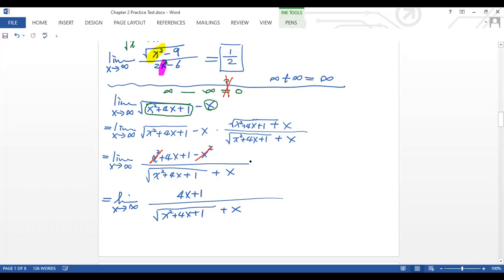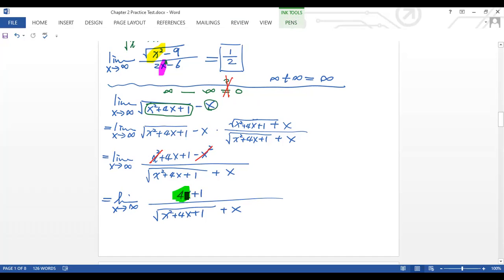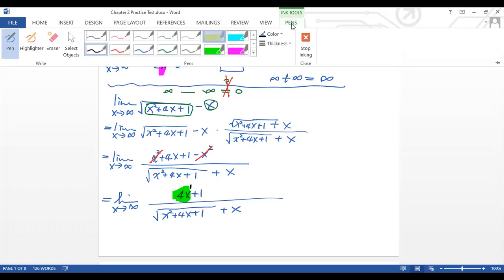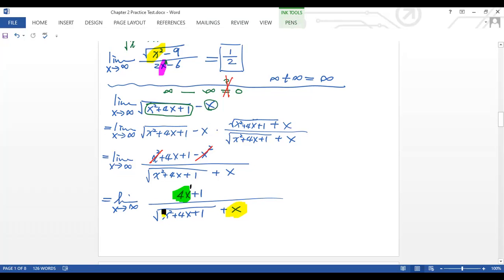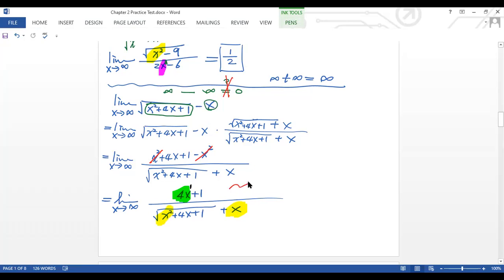So let's take a look at the dominant terms, right? The dominant term is the highest term. So here, this is 4x. What is the exponent here? The exponent here is the first power. And at the bottom, even though it's x squared, when you take the square root, this will become x. So basically my top's dominant term is 4x.